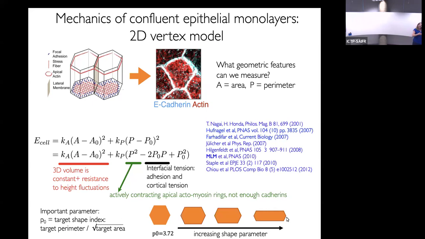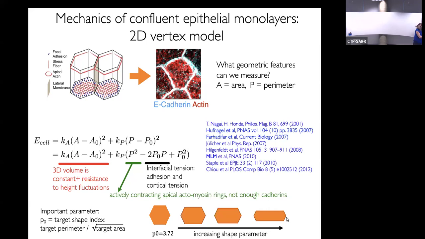If the cells are incompressible in volume and they're a monolayer, and tight junctions repress fluctuations in height, then with a fixed volume and a quadratic penalty to fluctuations in height, to first order I get a quadratic penalty in fluctuations of area. So this is basically a 2D approximation to 3D volume incompressibility.